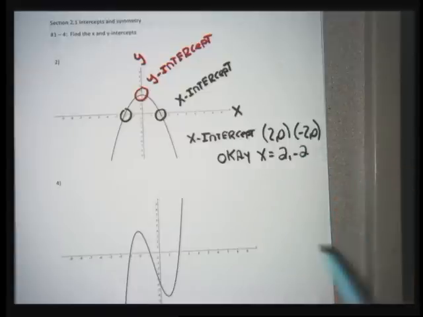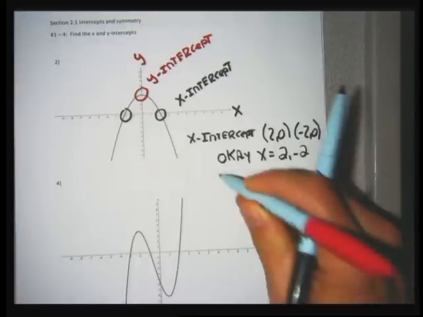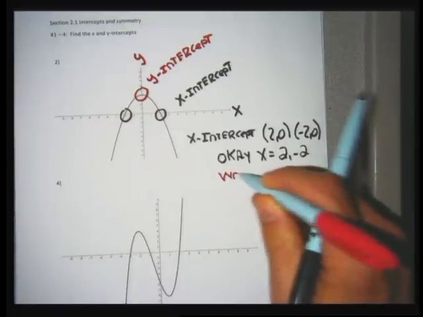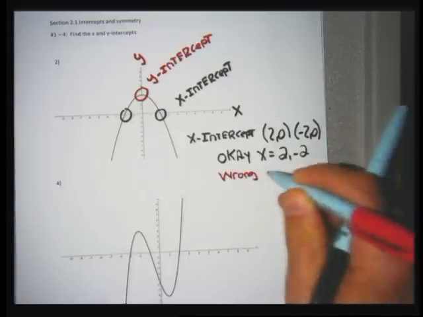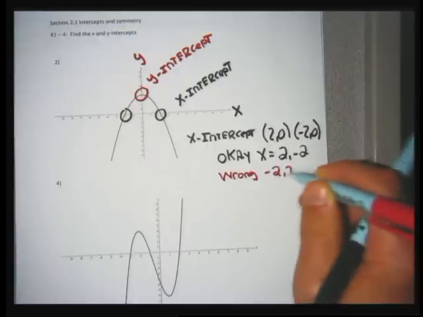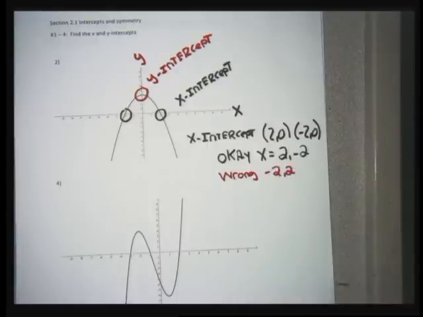I'd understand that would be a reasonable answer for the x-intercept, but it would be wrong, and you would lose points if you just wrote -2 and 2 or 2 and -2, because I couldn't tell whether the 2 and the -2 you meant to be x-intercepts or y-intercepts.